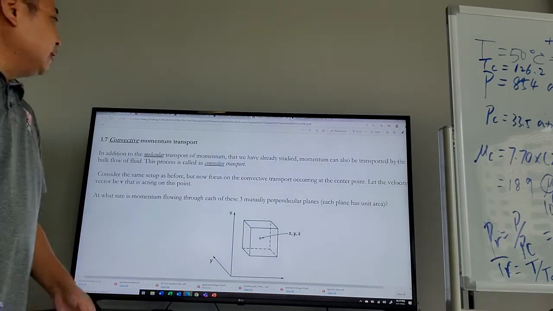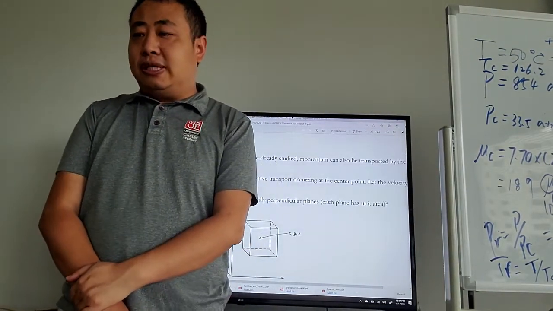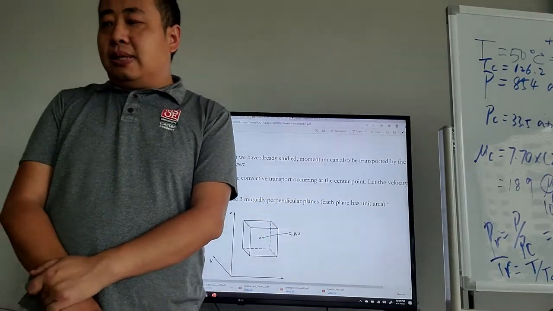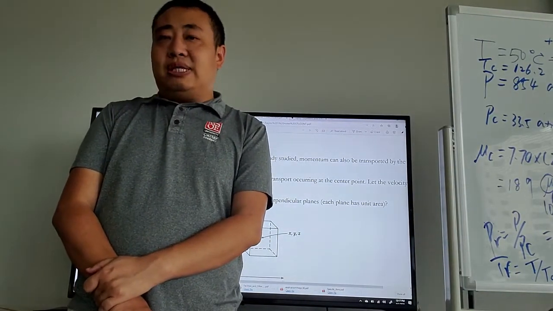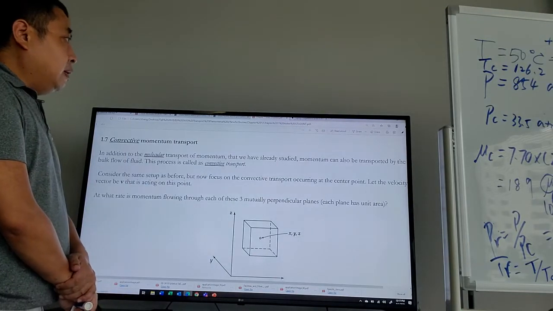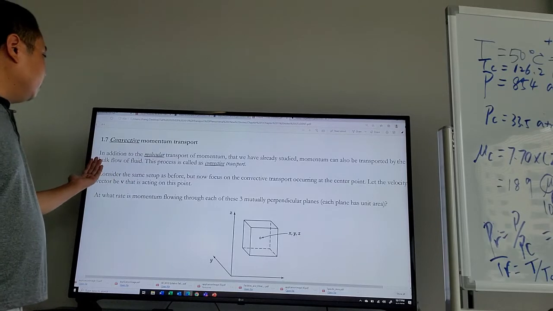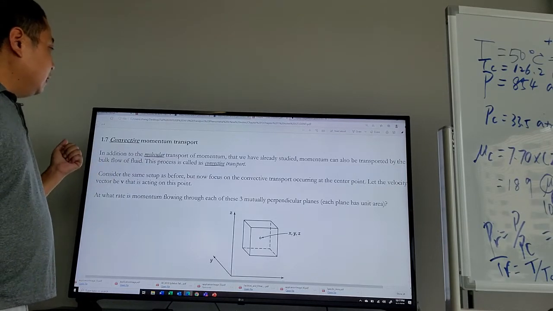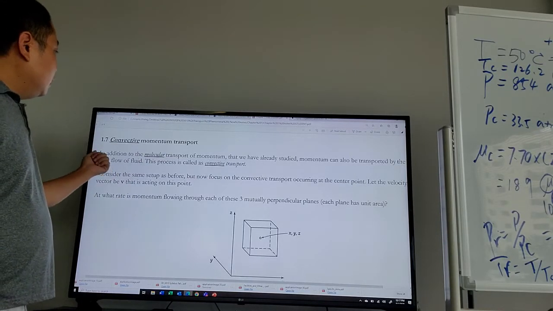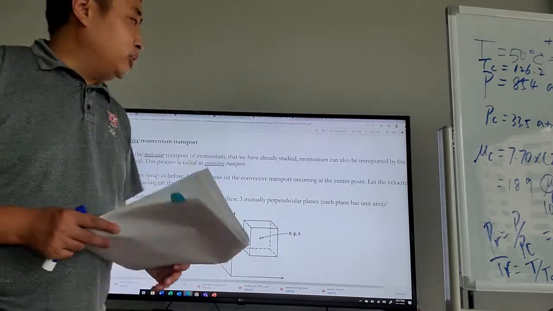During 1.1 and 1.2 we talked about the molecular transport of momentum. Momentum can also be transported by the bulk flow of fluid. For this type of transport we call it convective transport.